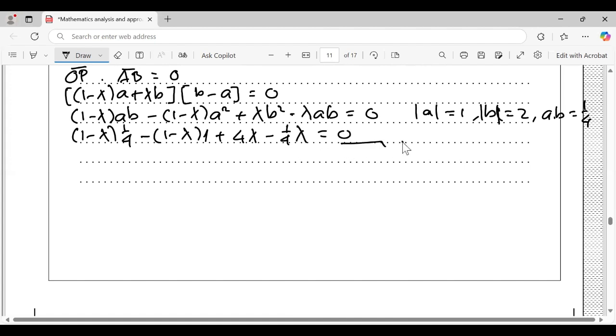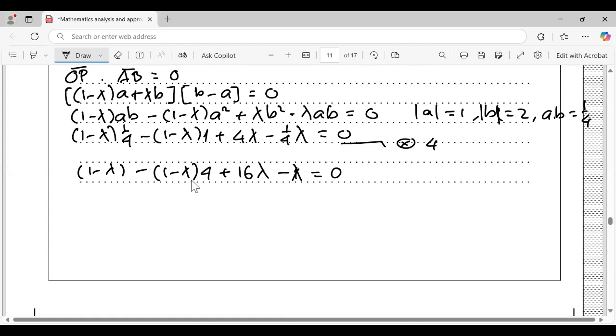So multiply by 4. If we multiply by 4, it's going to be (1 minus lambda) minus 4 times (1 minus lambda), plus 16 lambda minus 1 lambda equals 0.